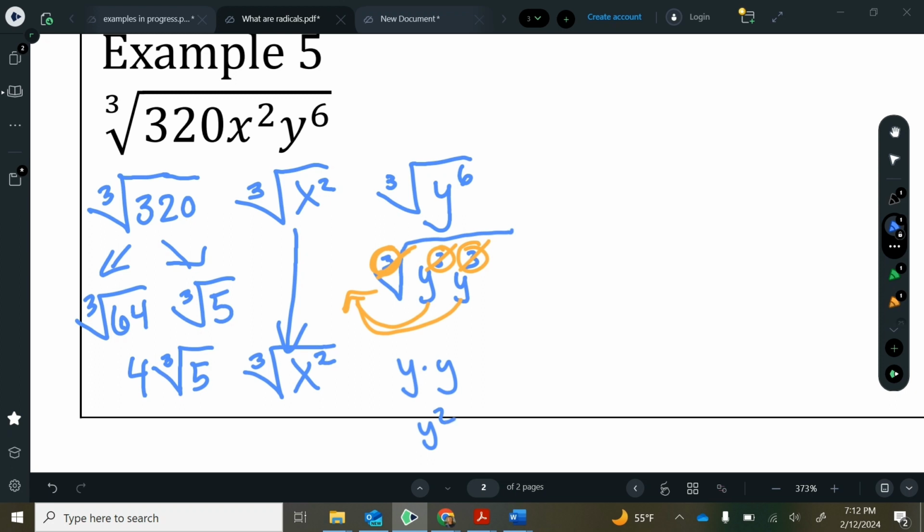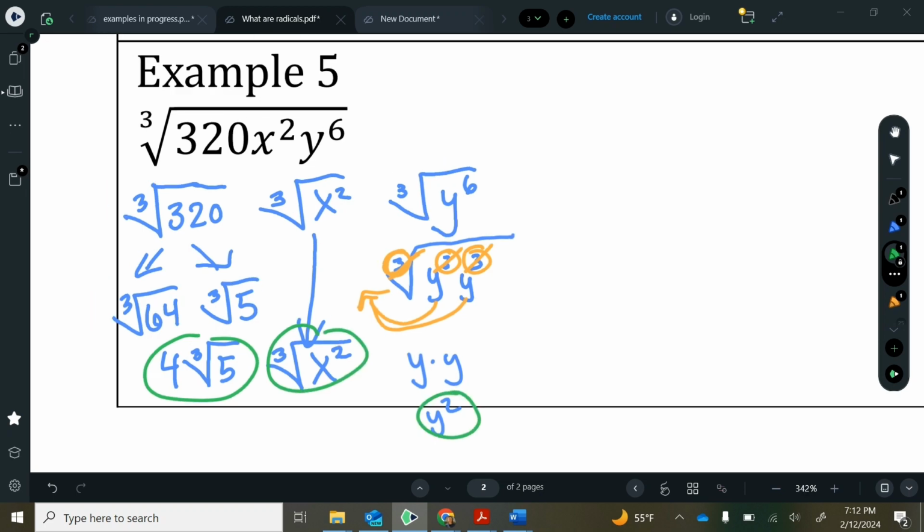So now let's put all the pieces together. These are the pieces here, here, and here. The stuff that's on the outside of the radical is this 4 from right here. So I'll put the 4 outside. Now from here, there is nothing outside of the radical. So nothing on the outside. That x squared is on the inside. Here, this y squared is on the outside.